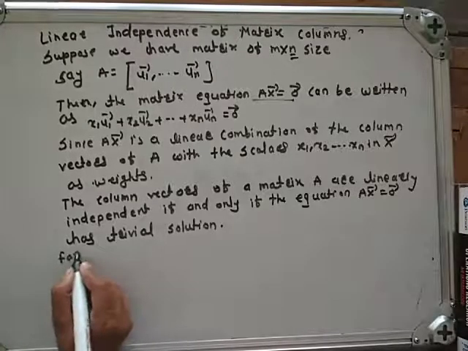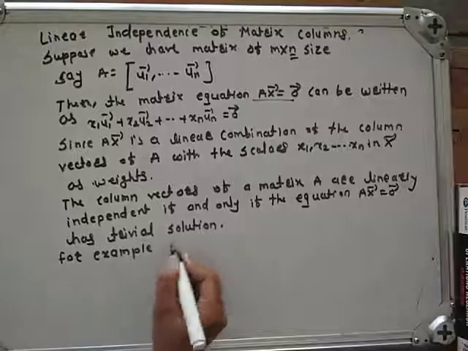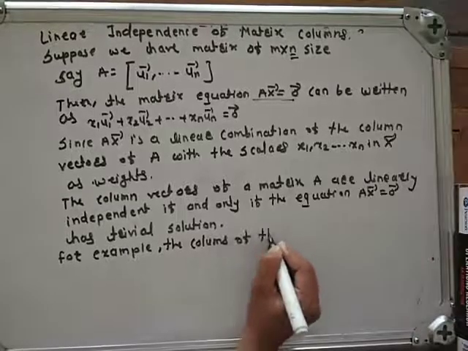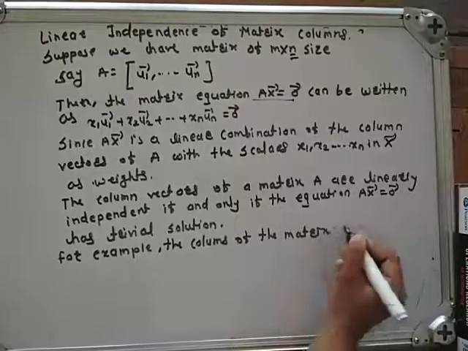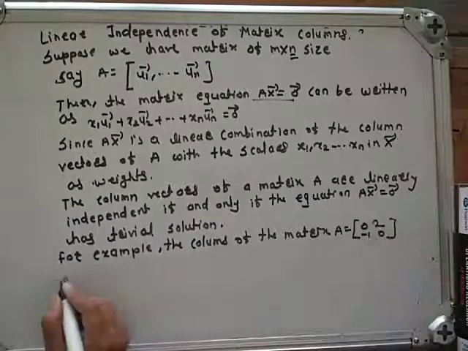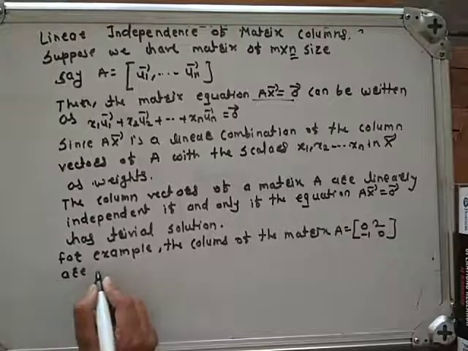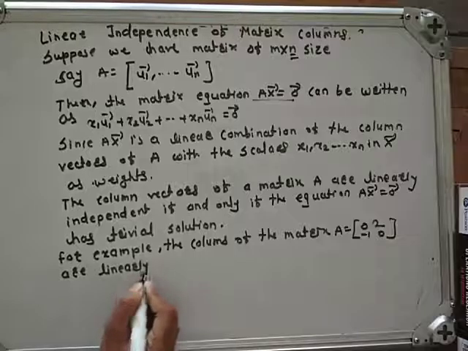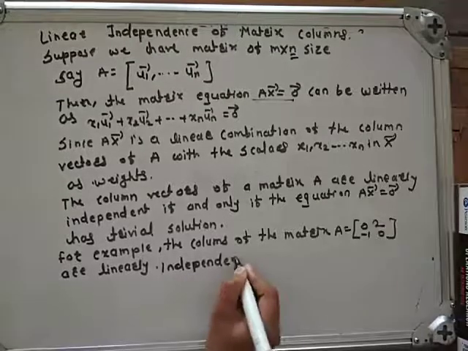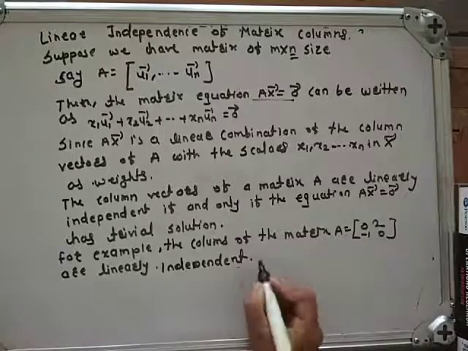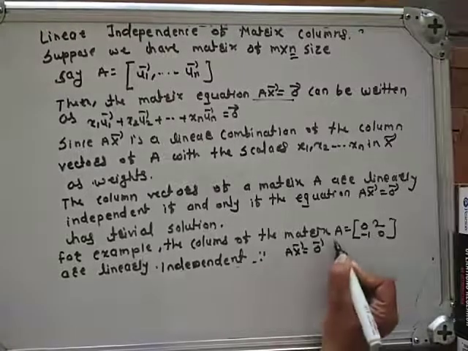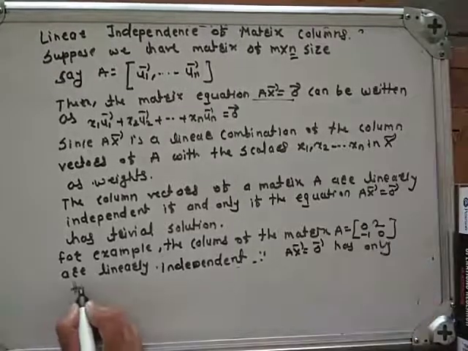For example, the columns of the matrix A equal to 0, 2, -1, 0 are linearly independent, since A into x bar is equal to 0 bar has only the trivial solution.